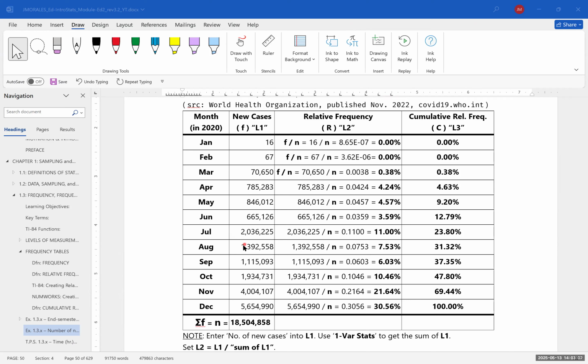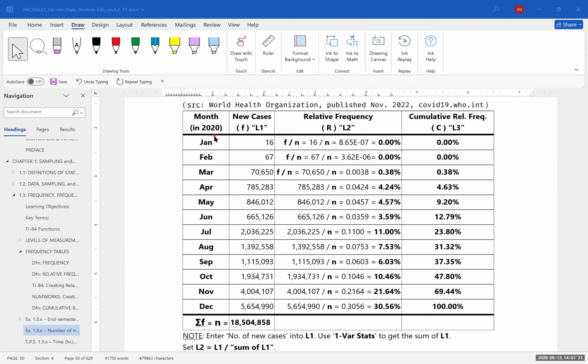But when I say drop down a bit, we're still getting 1.4 million new cases in August, 1.1 million new cases in September. And then by October, almost back up to 2 million, like we were in July. And then in November, it just about doubles to 4 million, and then increases to 5 million in December. And again, these are new cases.